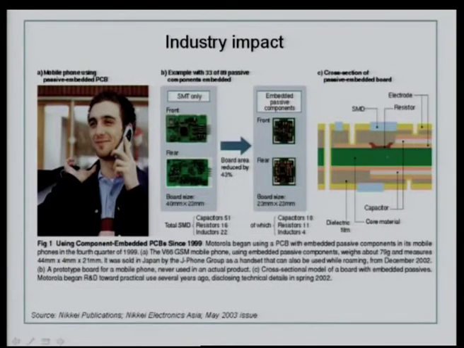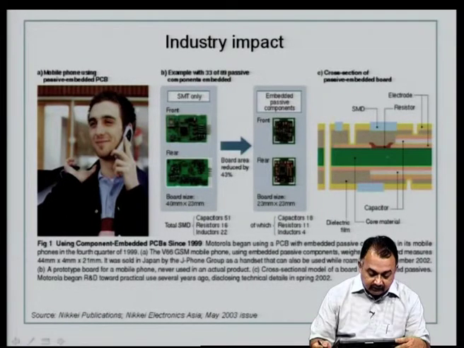Just to let you know the industry impact as far as embedded passives is concerned, I want to present a case study, a market scenario from Motorola, in the handheld product industry segment.